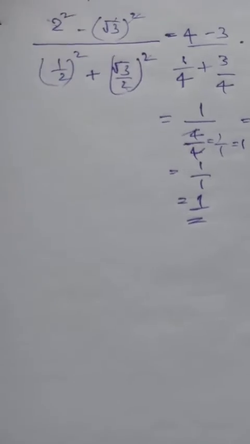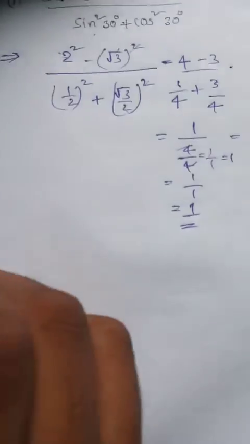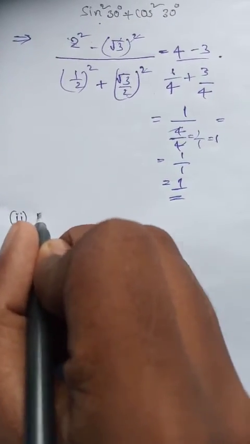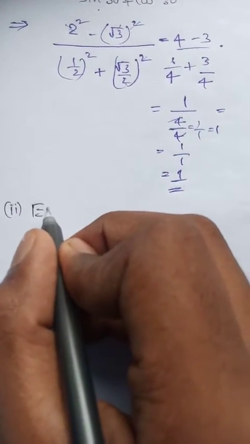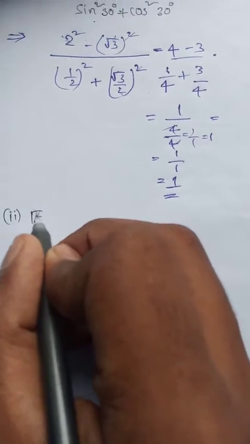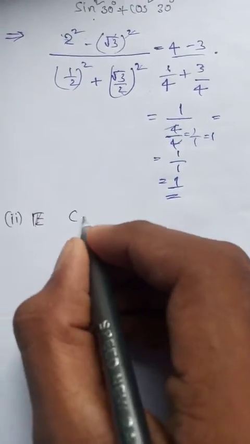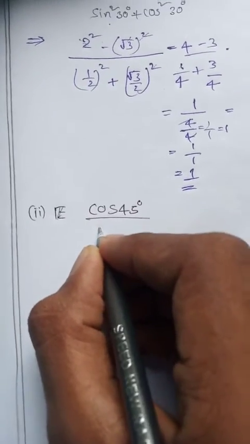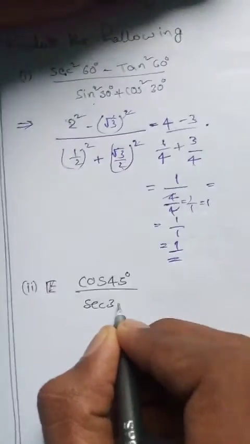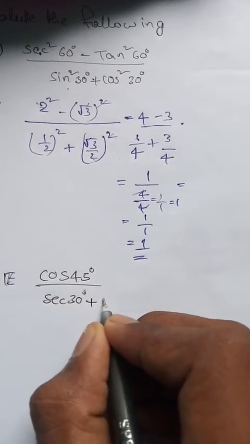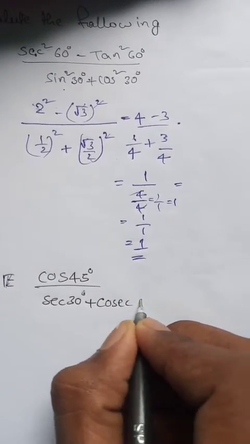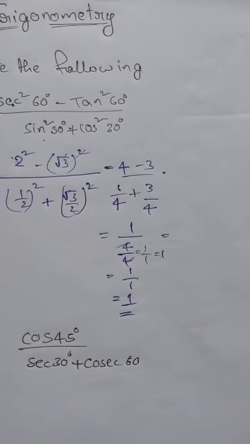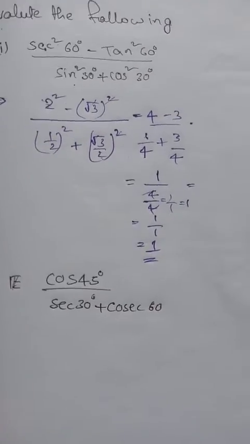Second problem, same, evaluate the following. Cos 45 degrees by secant 30 plus cosecant 60. We have to solve this at present.